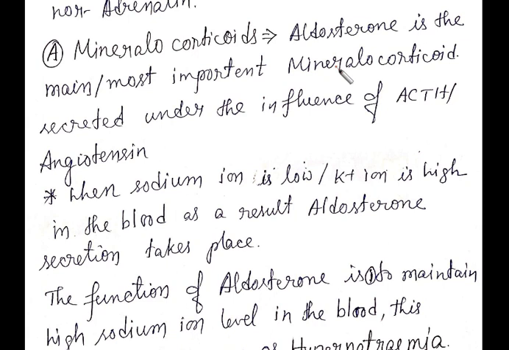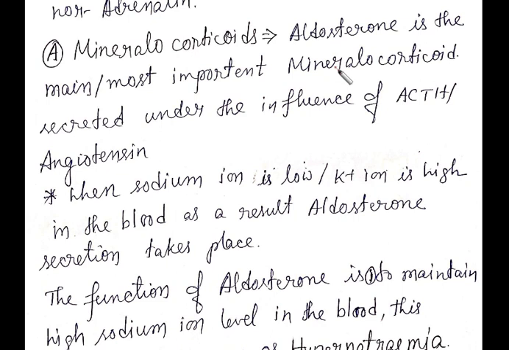Let us see the different conditions that result in the secretion of aldosterone. When the sodium ion level in the blood is low, or when the potassium ion level in the blood is high, in both conditions aldosterone gets secreted.